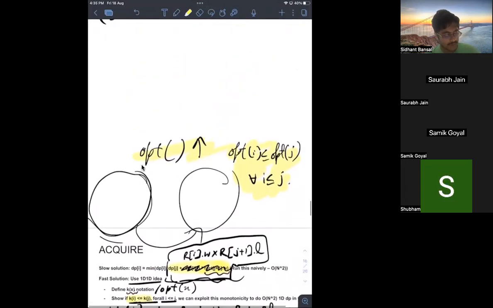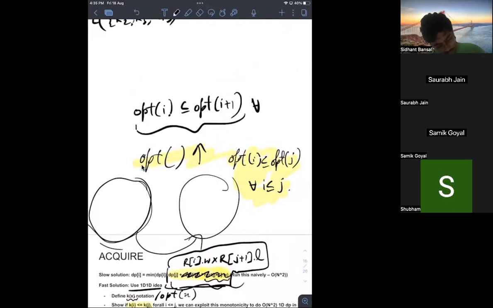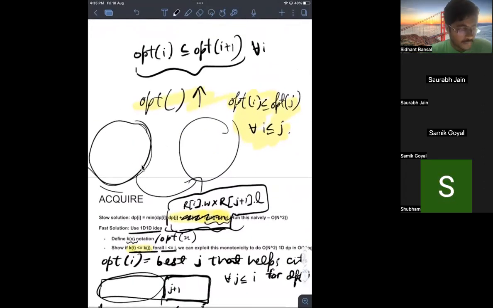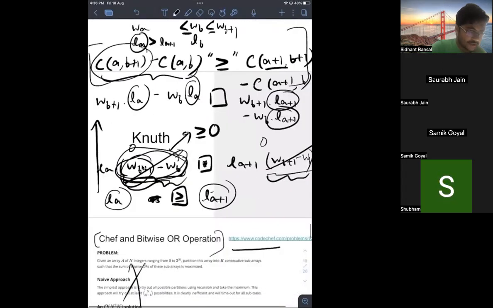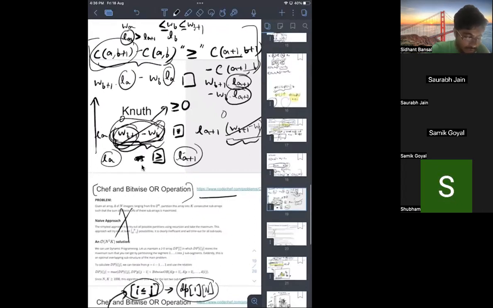So this is one way to state your opt condition. The other way to state your opt condition is that opt i is less than equal opt i plus 1 for all i, right? Both the things are same. Okay, so now we've got the opt condition down.